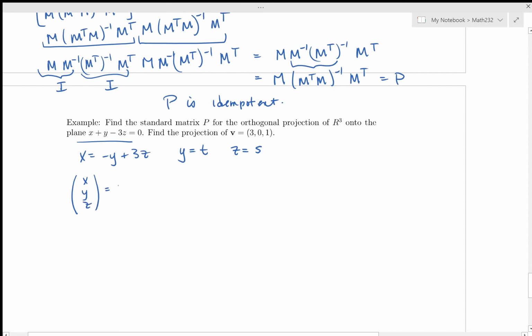Write it like this: t times -1, 1, 0 plus s times 3, 0, 1. And so that plane, a subspace of R3, is the span of these two vectors.